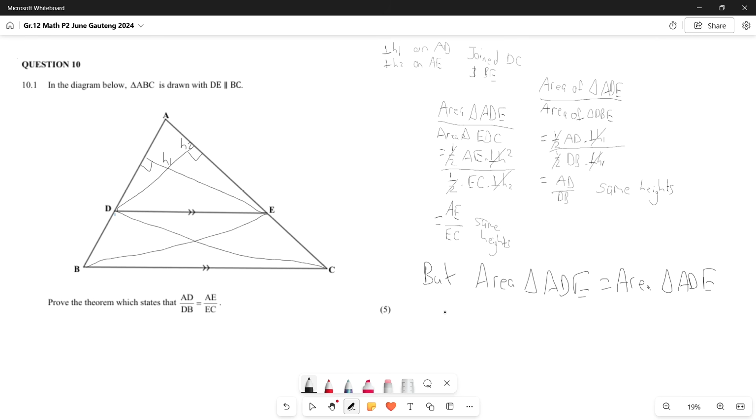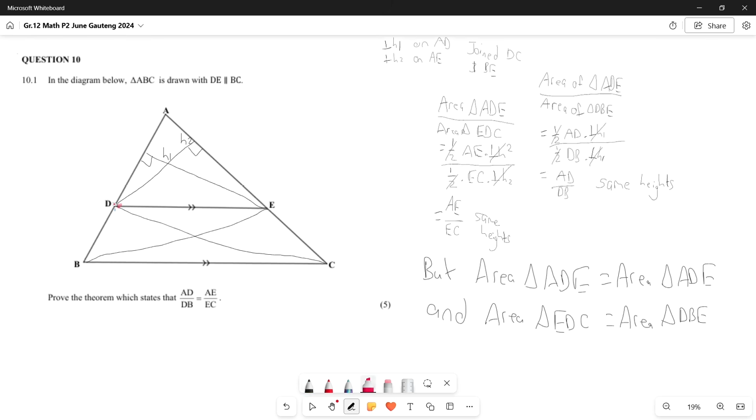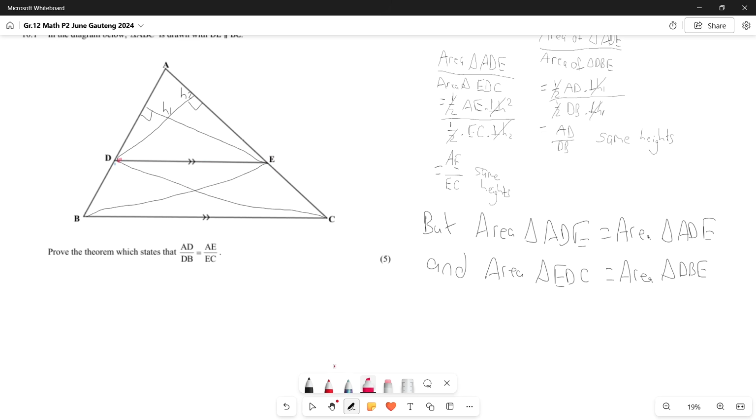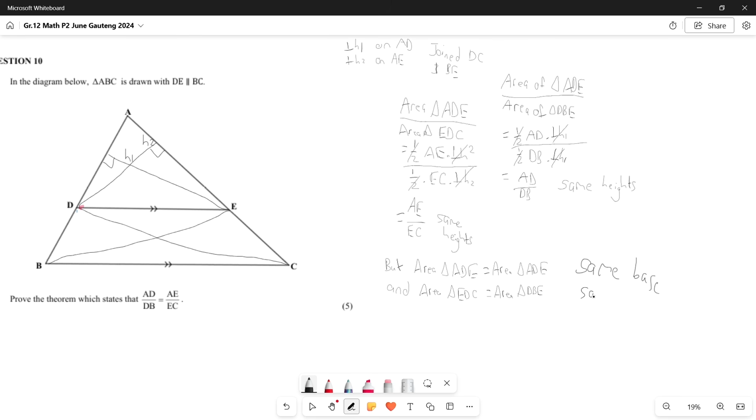And then like we were talking about, area of triangle EDC equals area of triangle DBE over there, because these triangles here have the same base DE and the same perpendicular height like that. So we just have to go ahead and write same base and same height.